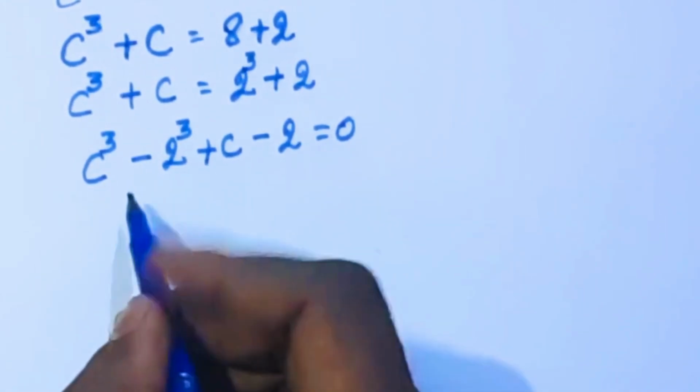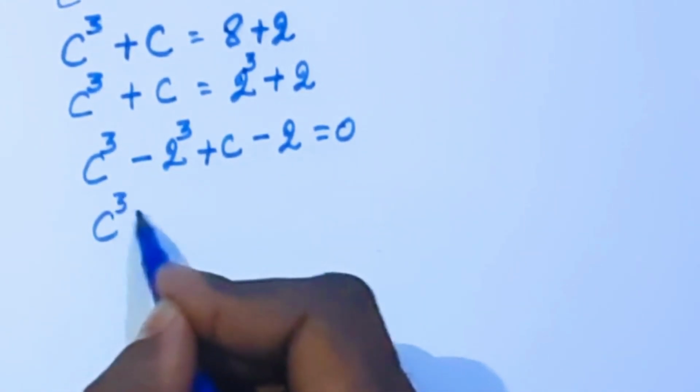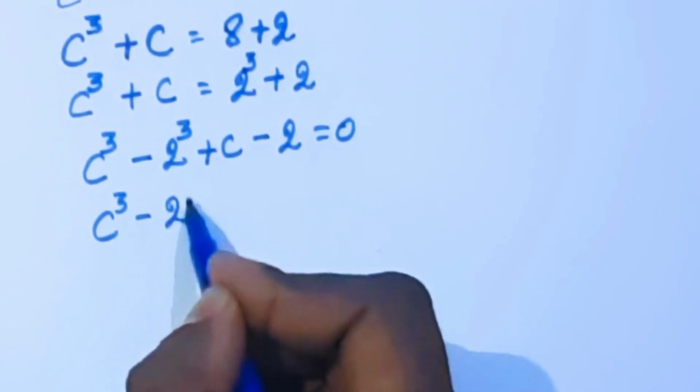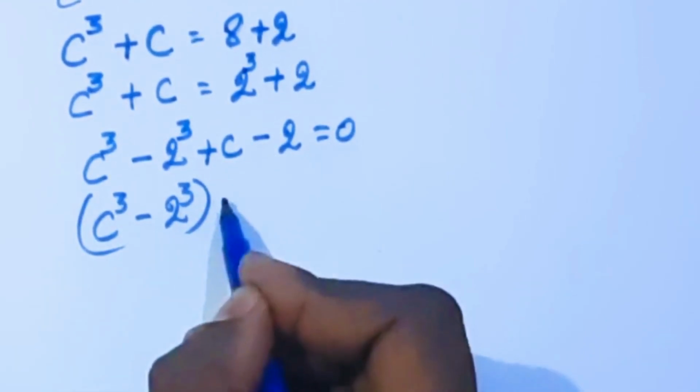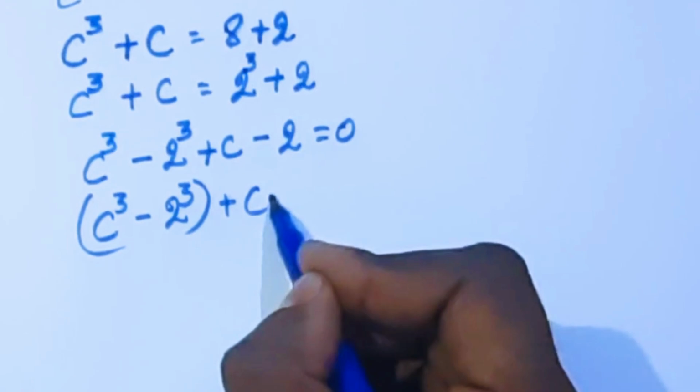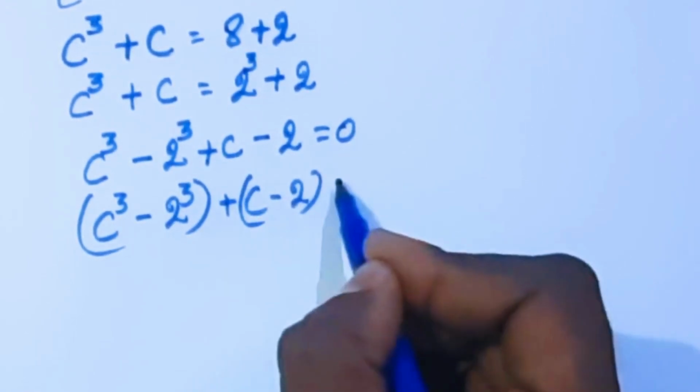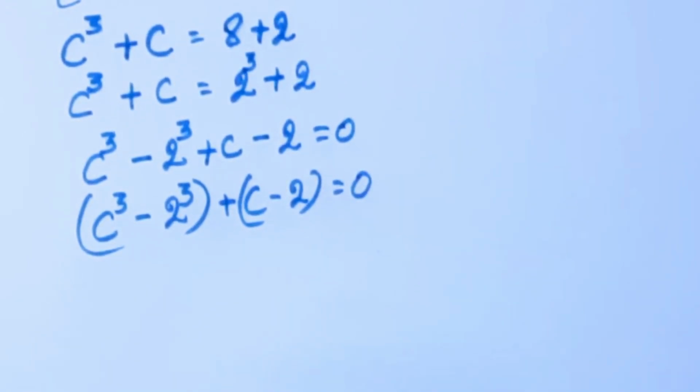Now making the bracket, plus C minus 2 equal to 0.